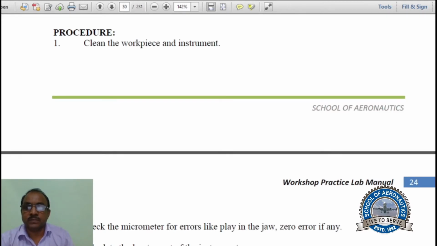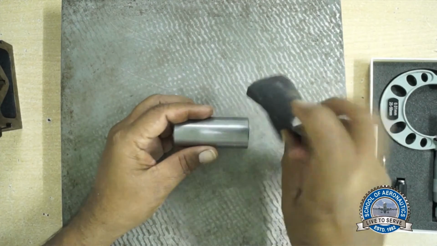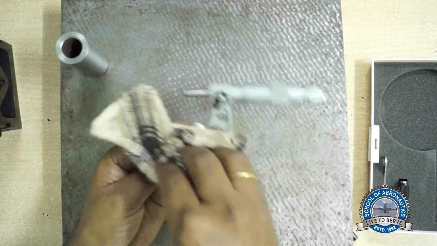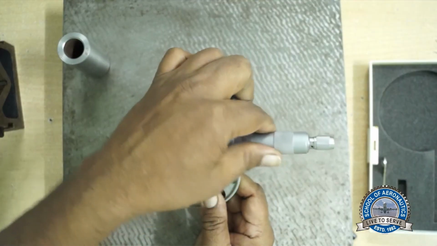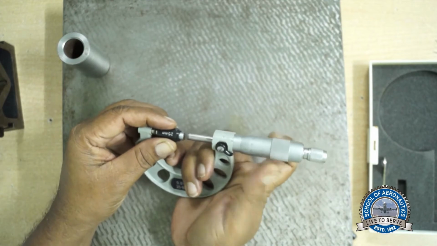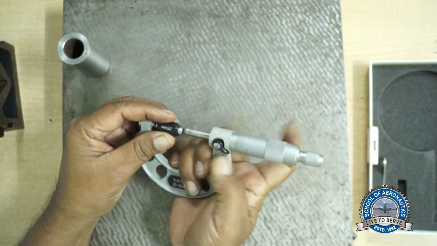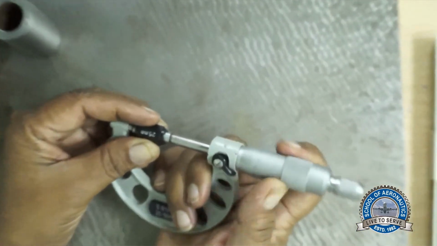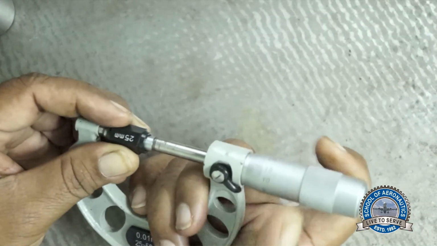Procedure. Clean the workpiece and instrument. Check the micrometer for errors like play in the jaw, zero error if any. Calculate the least count of the instrument.